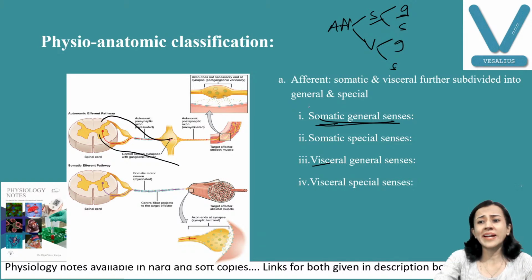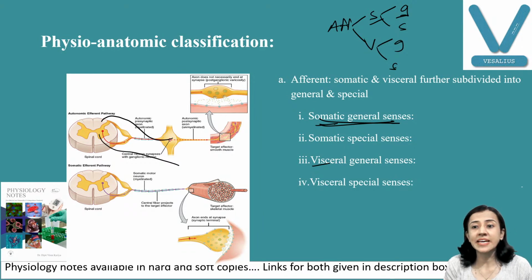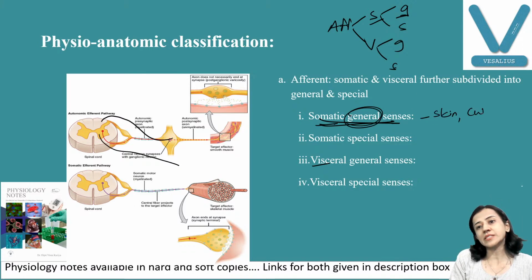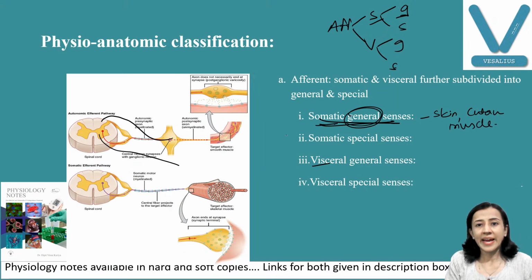Now, somatic general senses means these are the fibers that carry sensation from general receptors, like receptors from the skin, means cutaneous receptors and muscle receptors. And special means they carry sensation from special senses like vision and hearing. Fine.